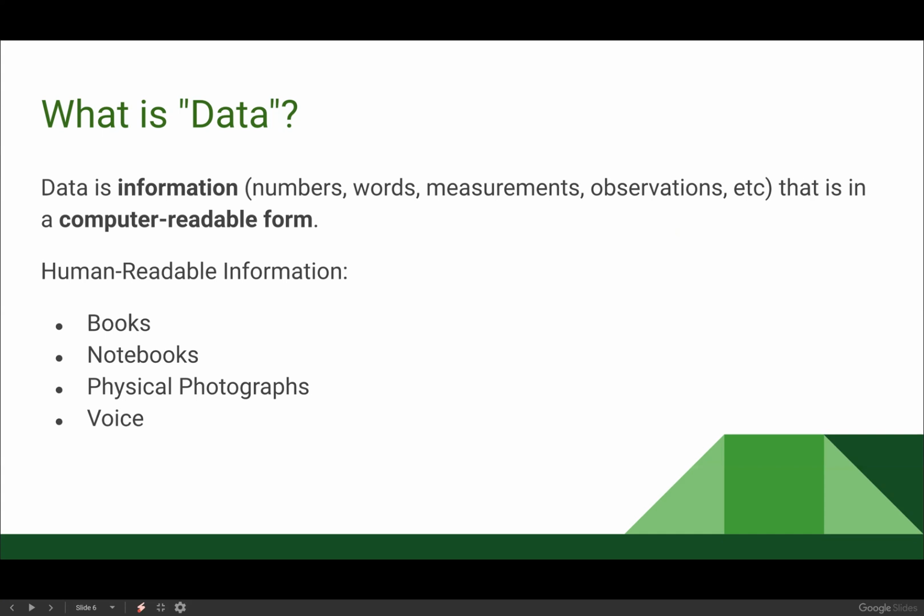Anything that you are interacting with in the real world is generally going to be pretty human-readable. Human voices, images, lots of different things are human-readable, where things that are computer-readable, that's pretty much just binary. So we need to translate all of our human-readable information into computer-readable information so that our computers can process it.